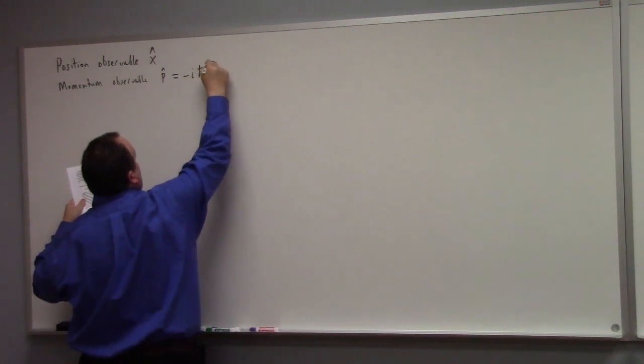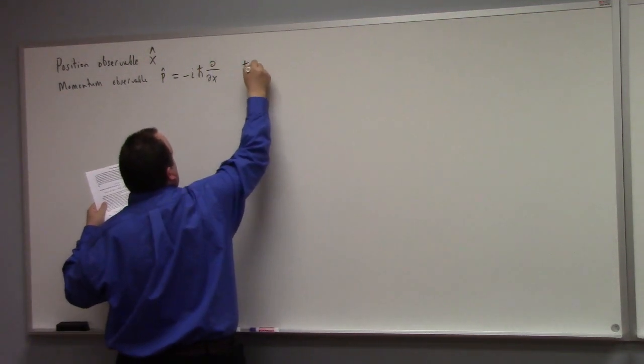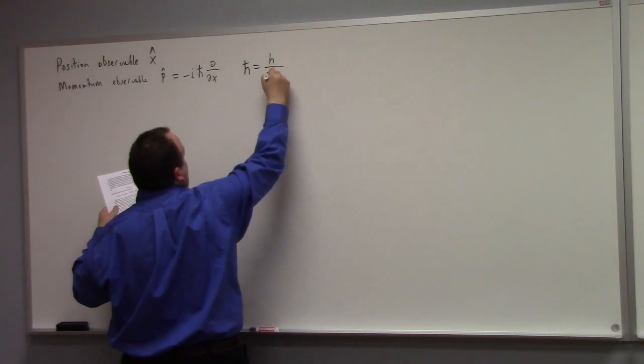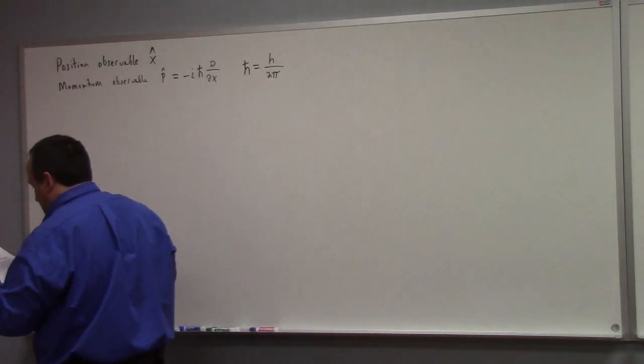Now this h bar is equal to what? H bar is equal to Planck's constant h divided by 2 pi. This is standard physics notation.